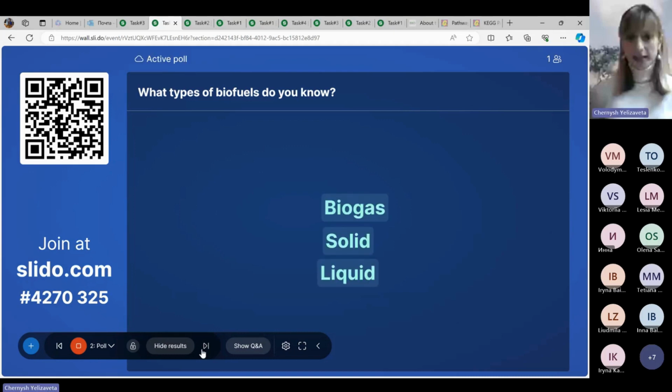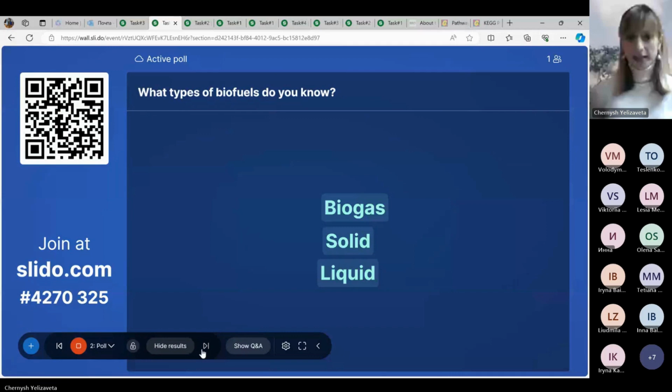Biogas, biomethane, biohydrogen. It can be solid, a pellet, for example, when we talk about biomass pyrolysis processing. Liquid, biodiesel, for example.